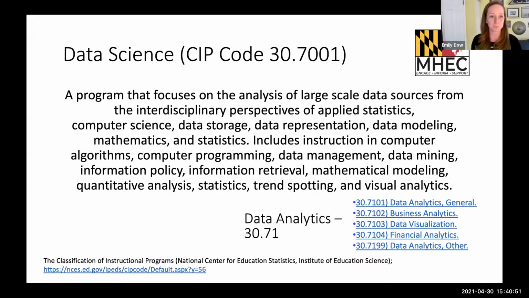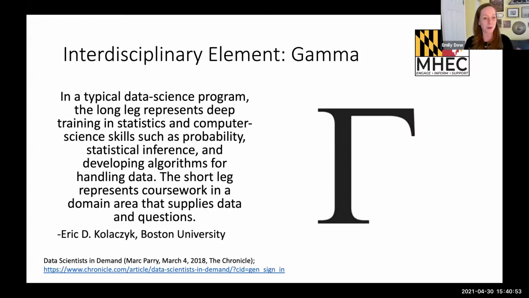Next slide, please. From a news article from the Chronicle, I thought this was a good comparison about the interdisciplinary element of data science and data analysis. Again, I know you all know this, but it's worth just highlighting.